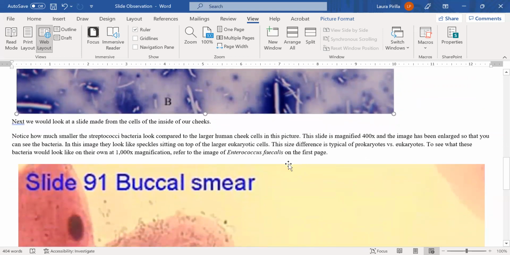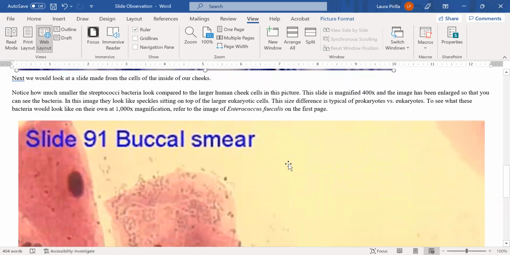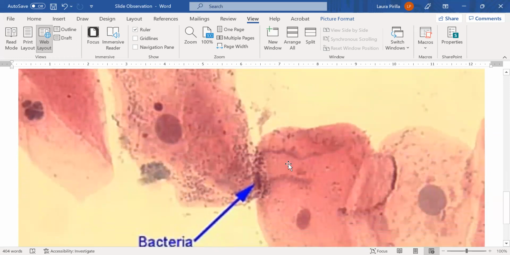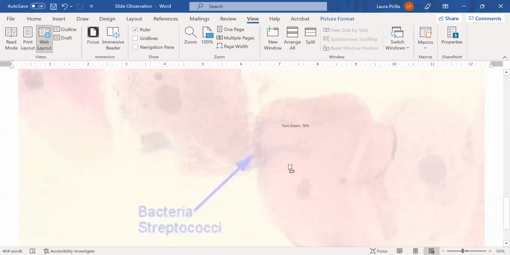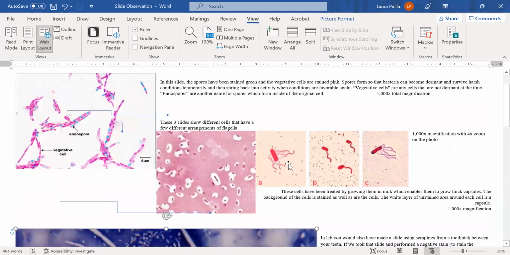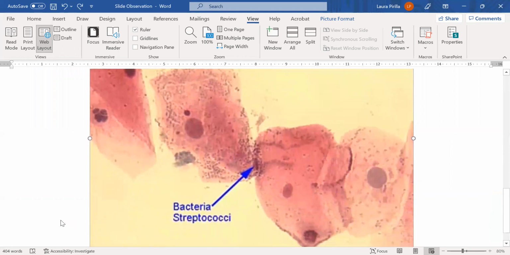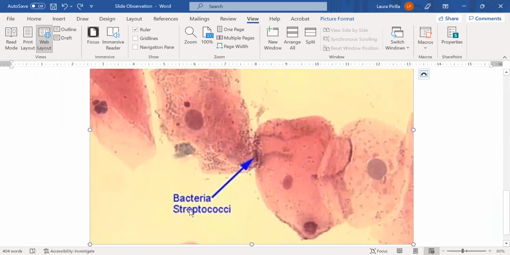And this is also going to be under the microscope, although we would probably only be at 400x total magnification rather than 1000 because I'm looking at how small these bacteria look, and they're not really in focus either.